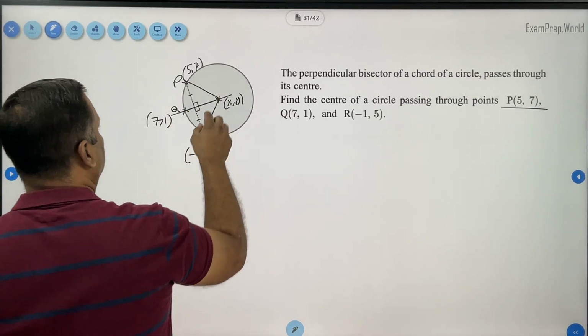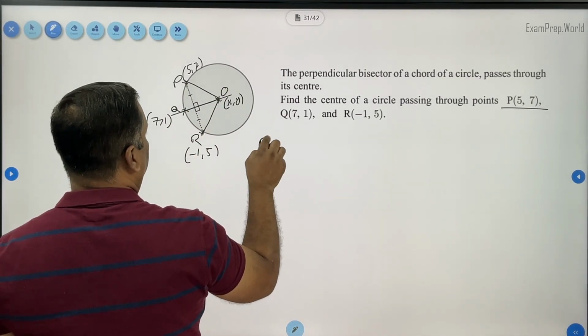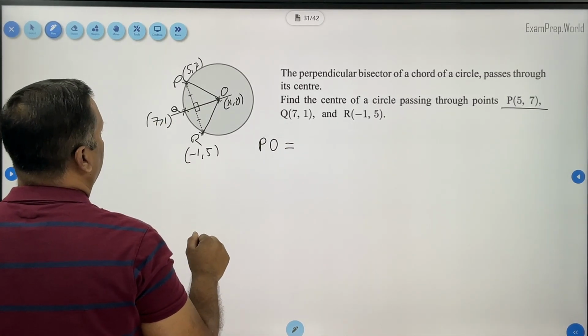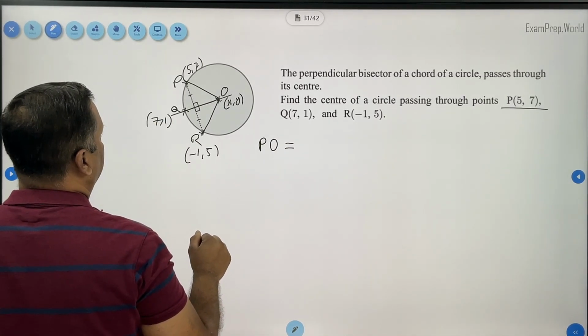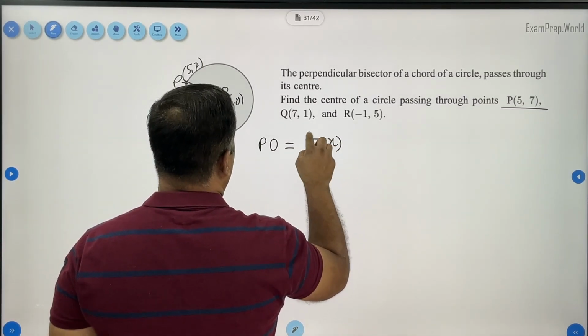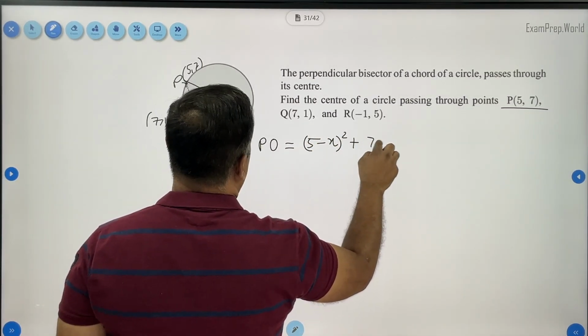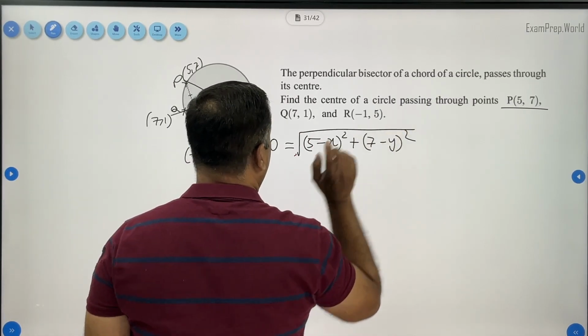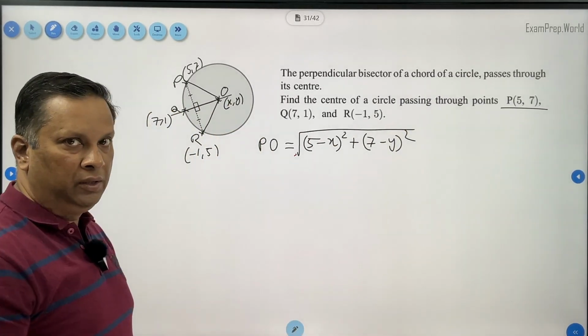So I will use, for PO, I will use distance formula. 5 minus x whole square plus 7 minus y whole square under root. I will use this, okay.